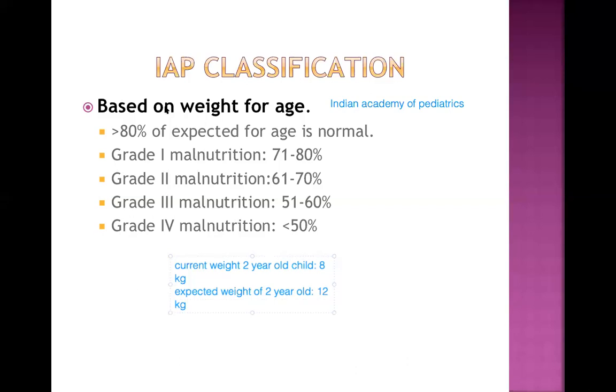Now, what are you going to do? See here, I will put 8 at the top, divide by 12 because this is the expected one, and then multiply it by 100. Now, can any one of you quickly calculate what percentage it comes to here?